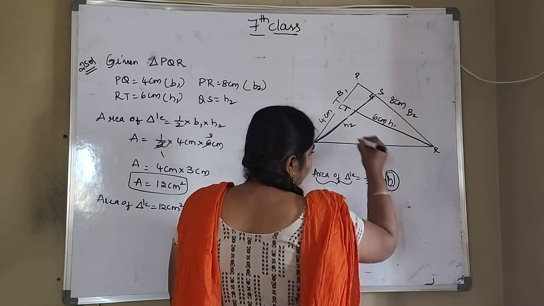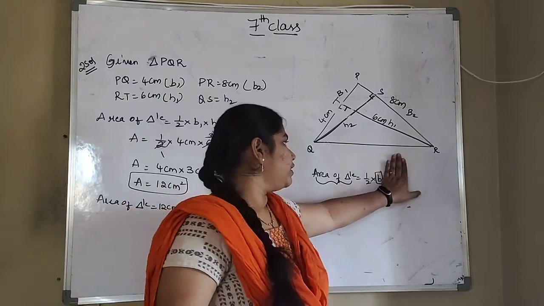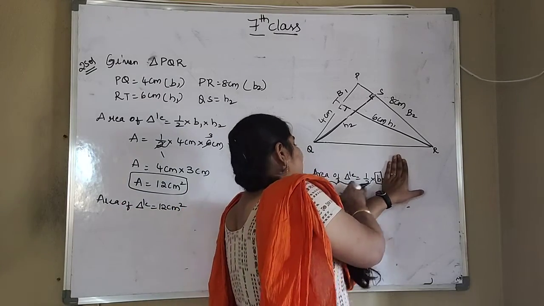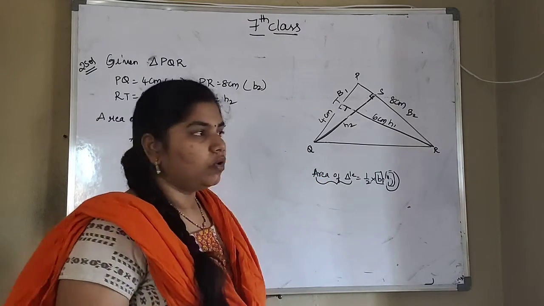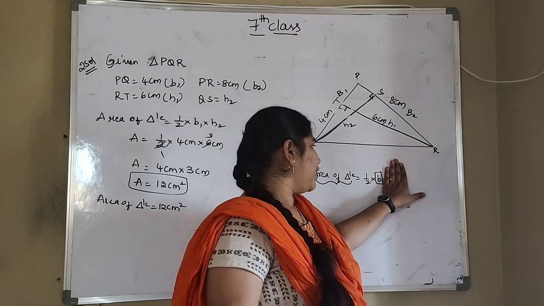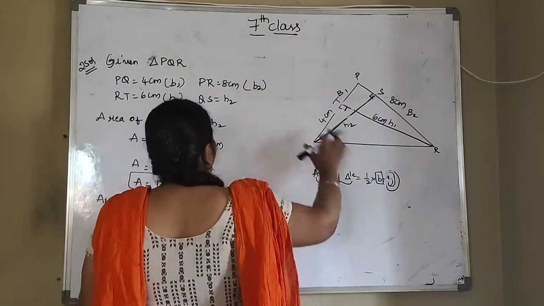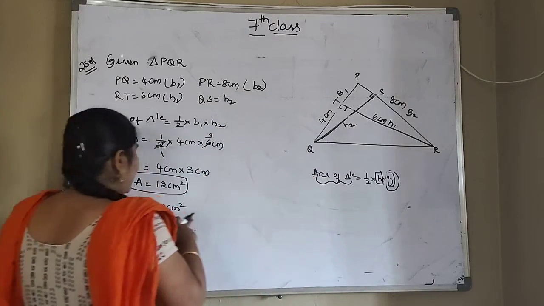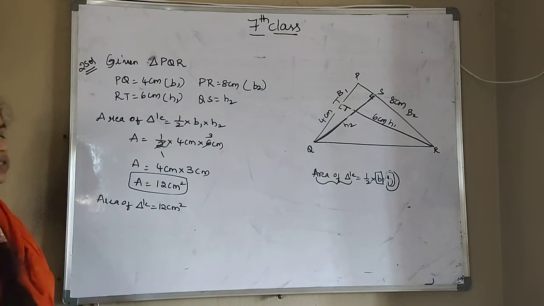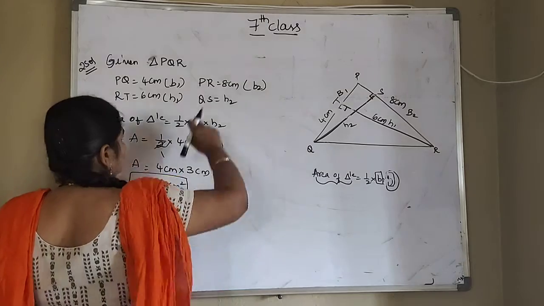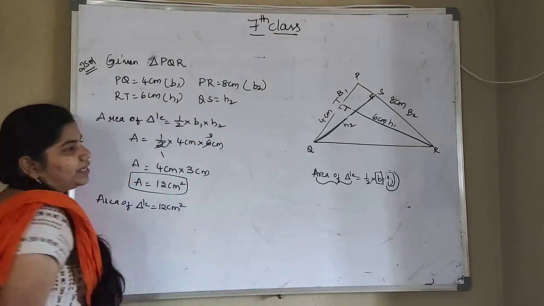For finding this height value, we want base and area of a triangle. Base value we already know, area of a triangle value we also got now. So by using these two pieces of information, we are going to find this QS now.